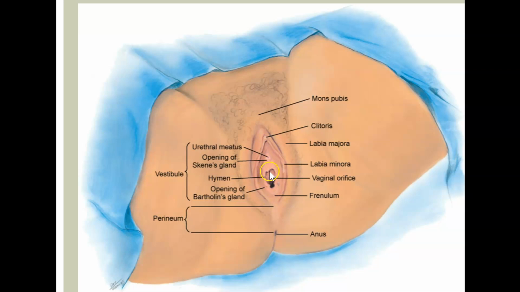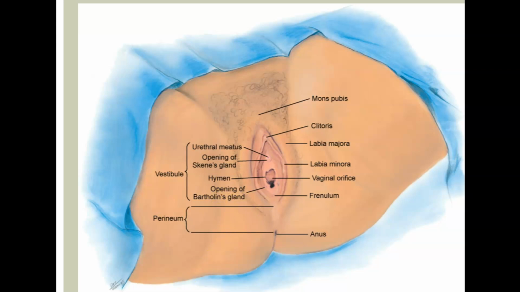You have the hymen here. Usually that area is intact particularly in people who are virgins. The hymen area, the frenulum, and let me see, the Skene's gland right here. The Bartholin's glands.